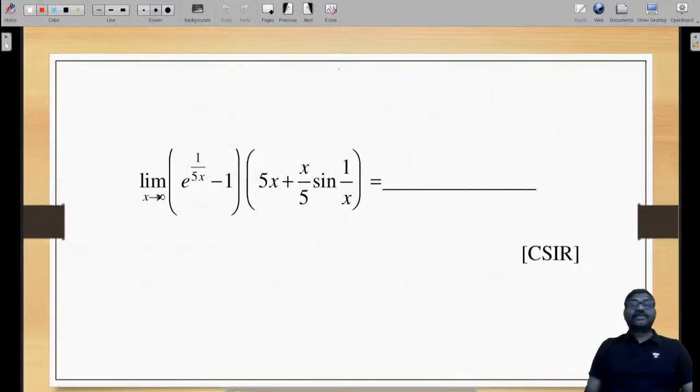Welcome to the practice session on engineering mathematics. Today our discussion is on calculus.